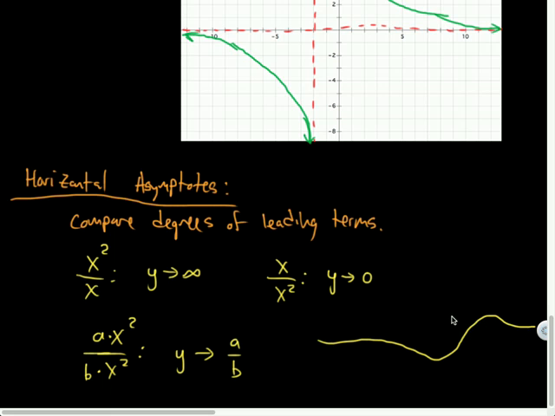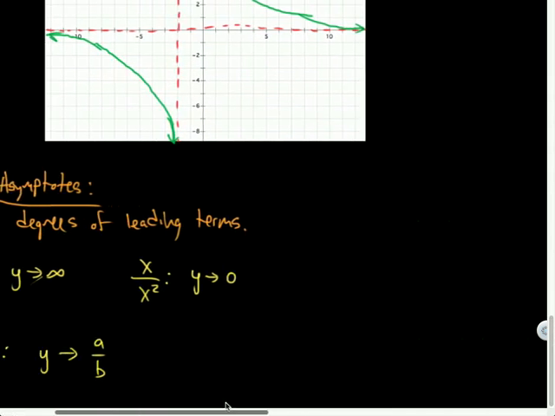Be aware of that, something we'll have to keep our eyes out for. But the idea is that it's all about comparing those leading terms, because when it comes to really, really big numbers, the leading terms are going to be the ones that have the most influence on the shape and behavior of our graph.